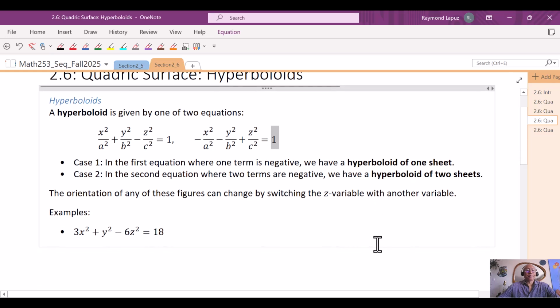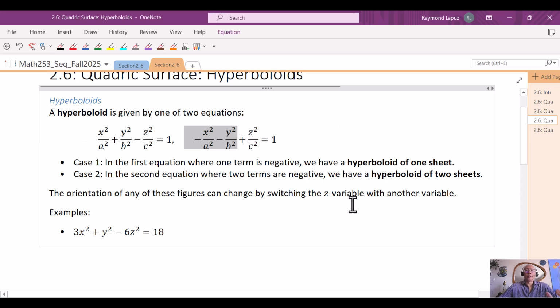There's also another note here that talks about the orientation being switched. Usually the z variable is the one that has a different sign. So in our first equation, hyperboloid of one sheet, the z is negative and the x and y are both positive. And in the second case, x and y are both negative and the z is positive.